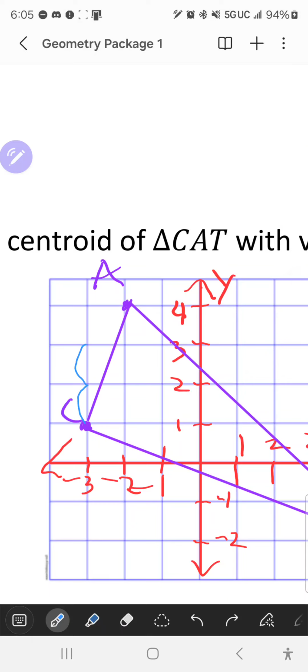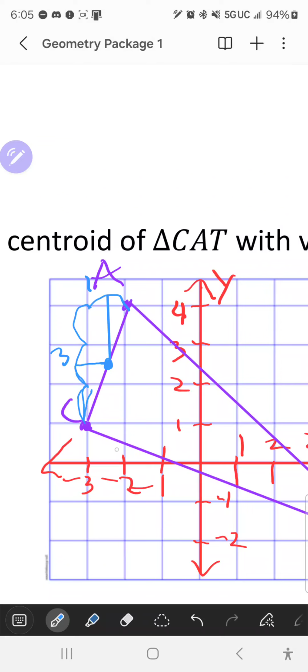This is 3, and this is 1. 3 divided by 2 is 1.5, and 1 divided by 2 is 0.5. So my midpoint is going to be right here.